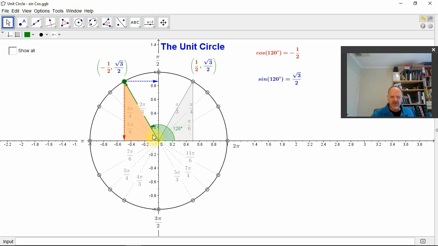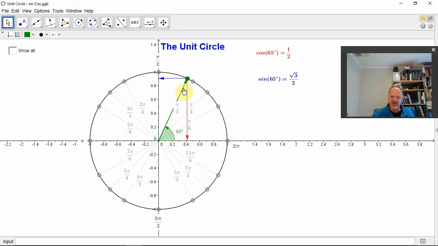All right, so this angle between the x-axis and our radius line, well, if you do 180 minus 120, you get 60, which is the same as that angle in here, 60.